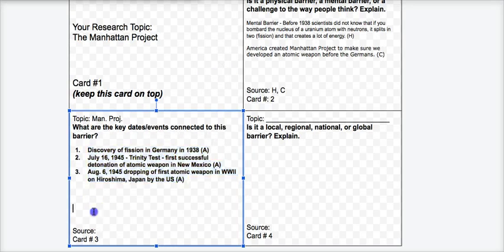I'm going to make it a little bigger so you can see it. All of these pieces of information came from source A.